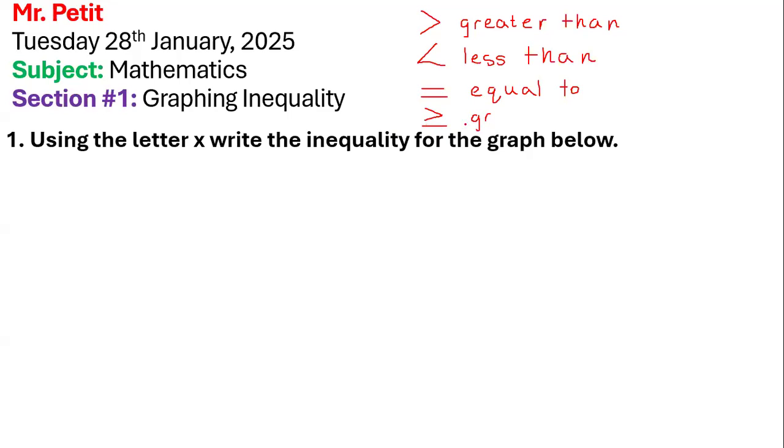When I was a student, I was like, I just know greater than, less than, equal to. What do you mean by greater than or equal to? It literally means what it says: the variable could be greater than a set of numbers, or it could be equal to it.